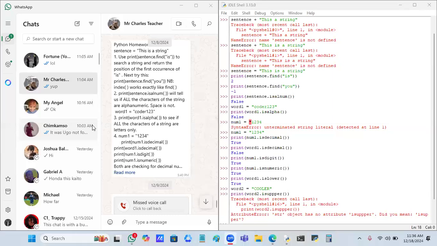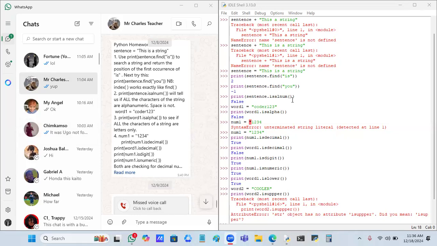So we use isalpha here. Go back. Okay, let's look at the code. Look at what you have in your code. We use isalpha, but I said let's pretend that you had used isalnum.